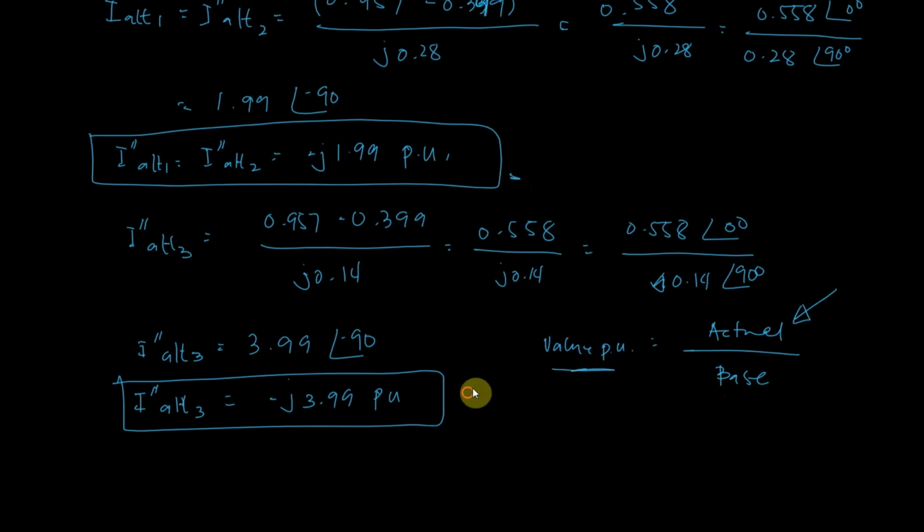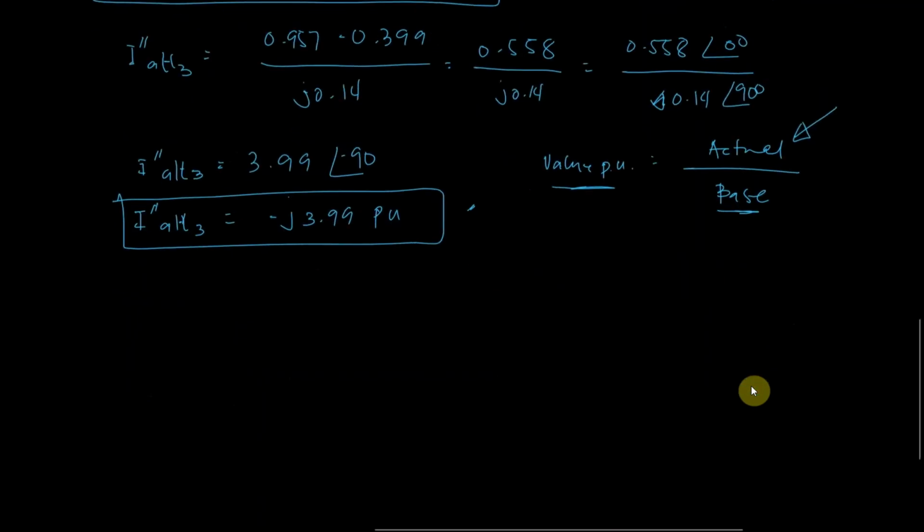Kunin muna natin yung base. Okay? So dahil nag-assign tayo ng base power, which is yung 50 MVA, at yung ating base voltage is equal to 13.2 kV, makukuha natin yung ating base current.